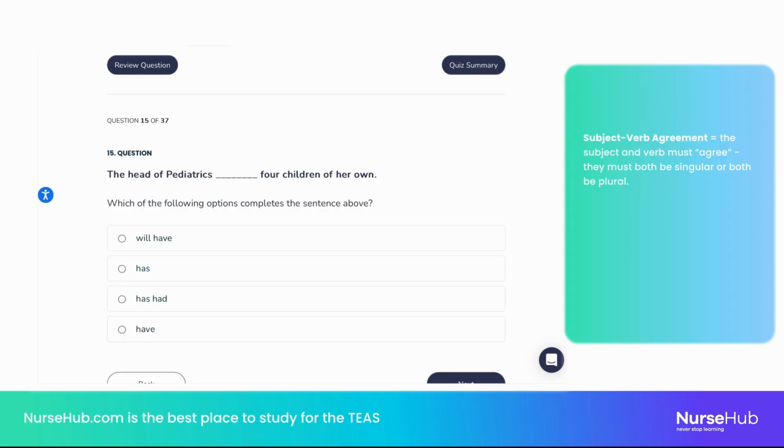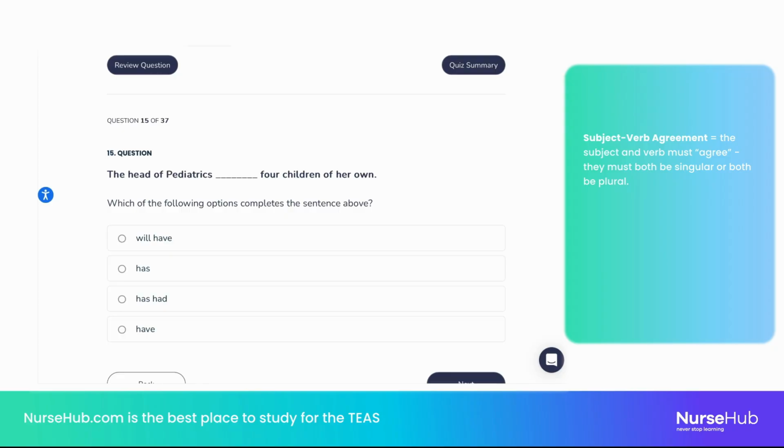All right, so now we're looking at subject-verb agreement. So we have our subject, the head of pediatrics, and our verb is some sort of form of have: has, will have, etc. Okay, so let's just mark it. We have nouns or a subject, and we have all of our verbs or parts of our predicates here.